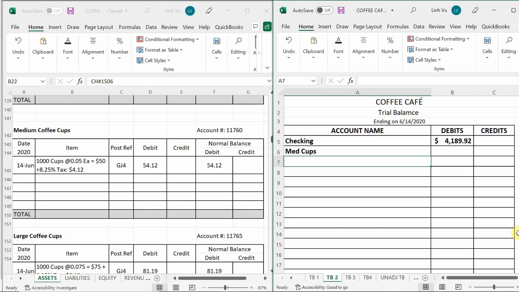Your trial balance only serves one purpose, and that's to make sure that you put in all your debits and your credits correctly in the associated accounts. So in this case, you're allowed to use abbreviations for the trial balance. Okay, so in this case, medium cups. What's my account balance in my medium cups? How much did I buy?